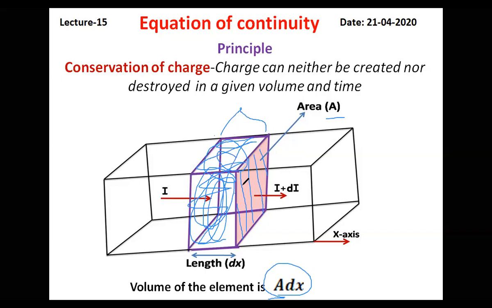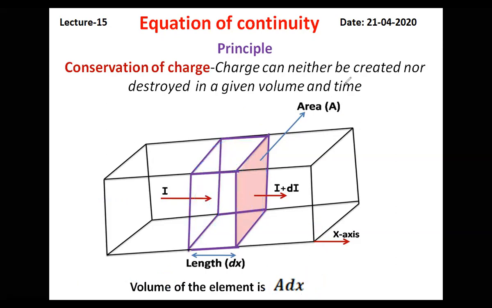Now let us consider that we apply some bias across this semiconductor block, for example with a battery. Then the current will be flowing from one end to the other, for example from the left end to the right end.